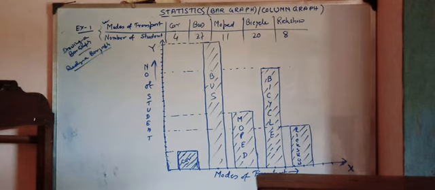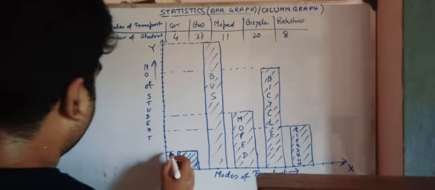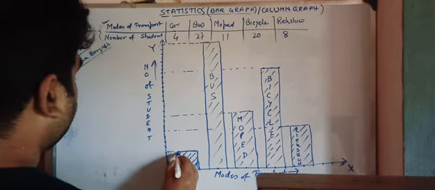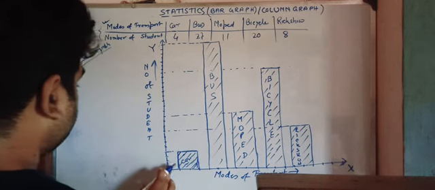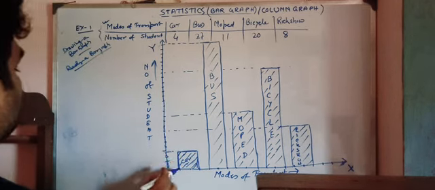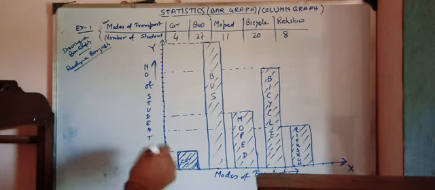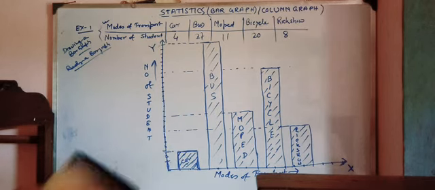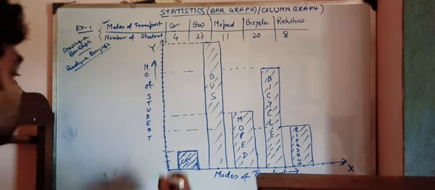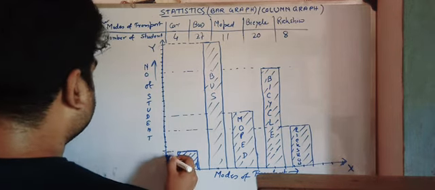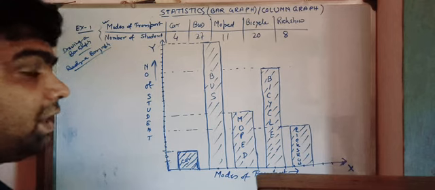Now here, modes of transport, car. Here we can count: 1, 2, 3, 4, so after 3 steps for the car we should draw rectangles. So this is 1, 2, 3, 4, so this is my car. Understood that?